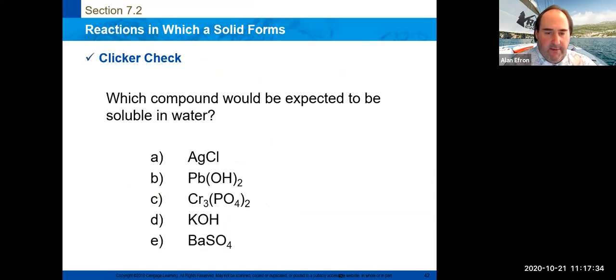Okay, let's try one more here. Here we're looking for which one would be soluble, so no solid in this case.